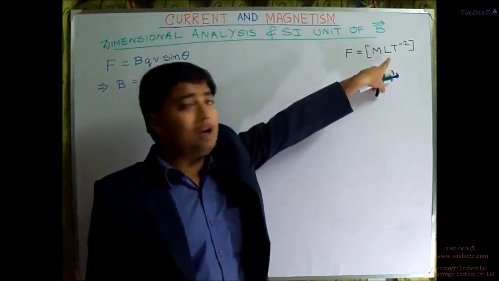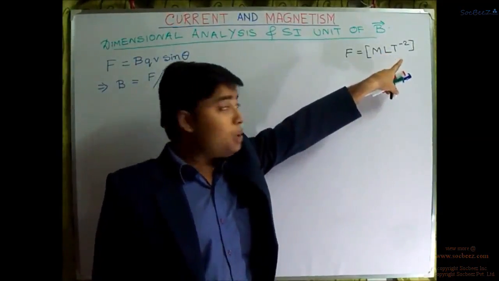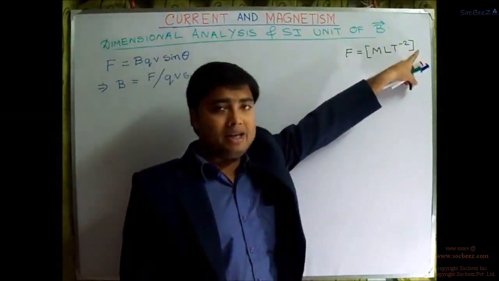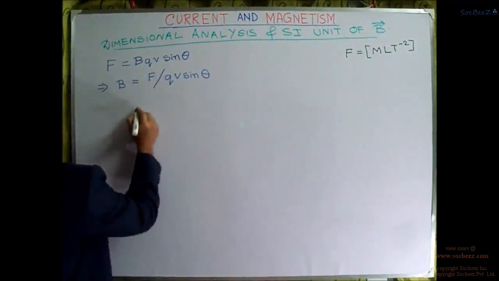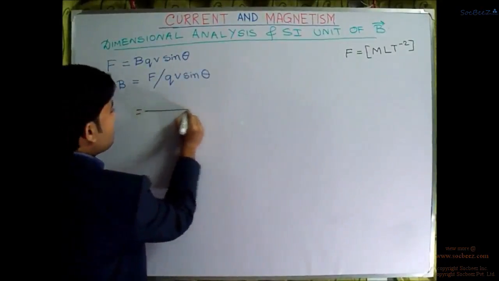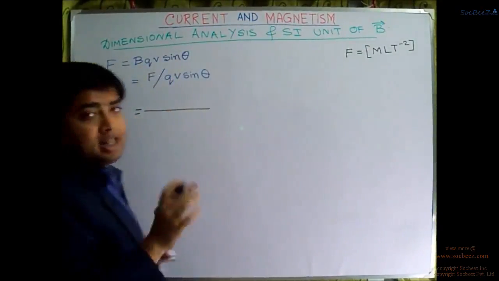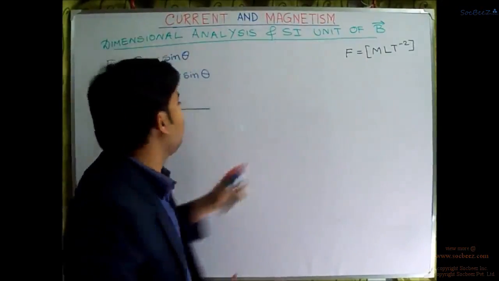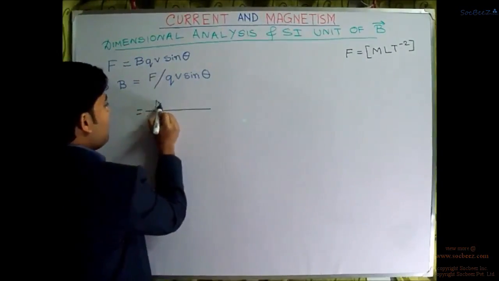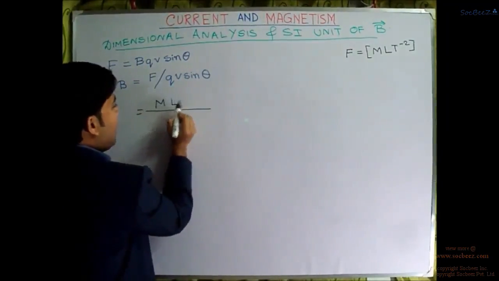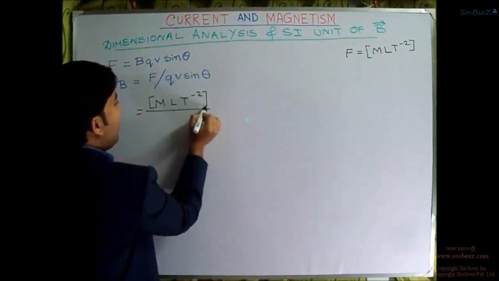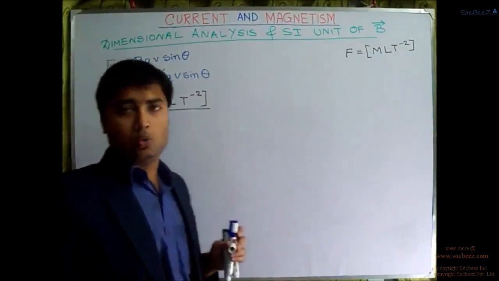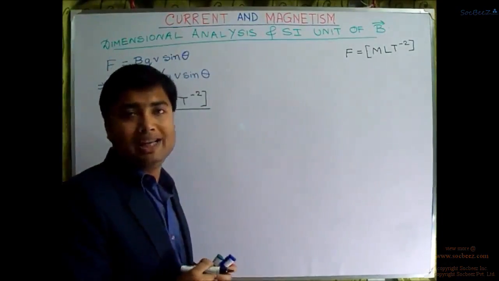This meter is for length, per second square means time to the power minus 2. So over here the numerator is only F, so we will write it as M L T to the power minus 2.